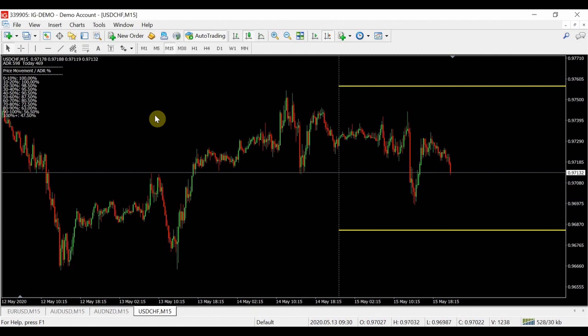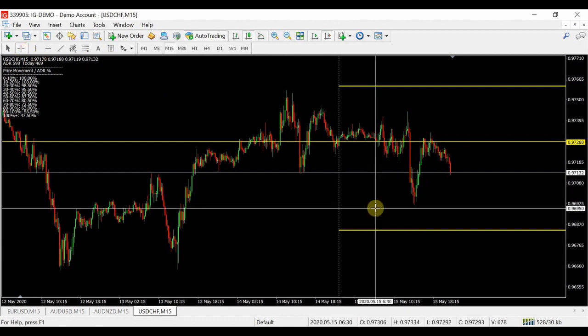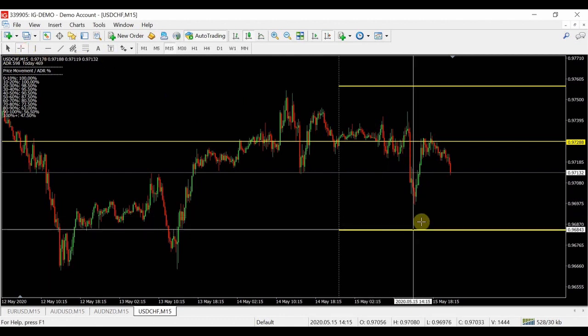So let's just say, for example, you got a signal here to go short, just for argument's sake, and you know that the ADR is 60 pips, and you know that this is where price will likely go to.